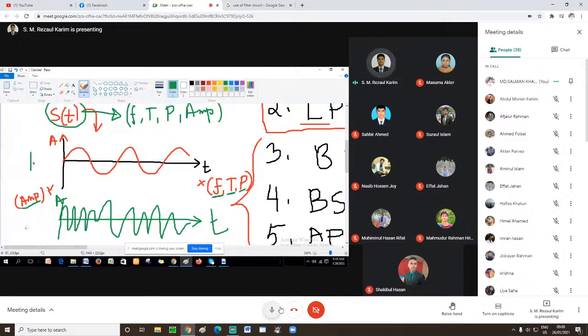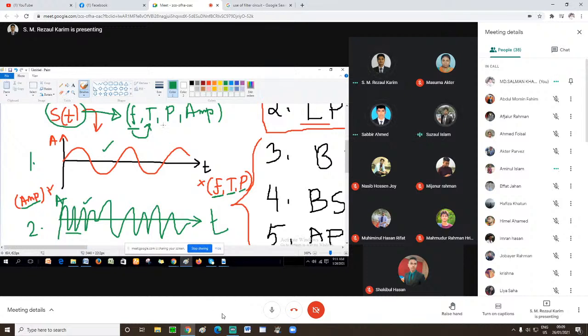Definitely these two have a difference. What is the difference? There is a change in frequency, because this one has low frequency and this has high frequency. So if there is a change in frequency, there must be a change in time period.